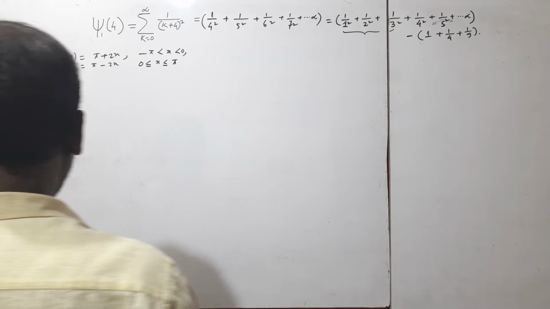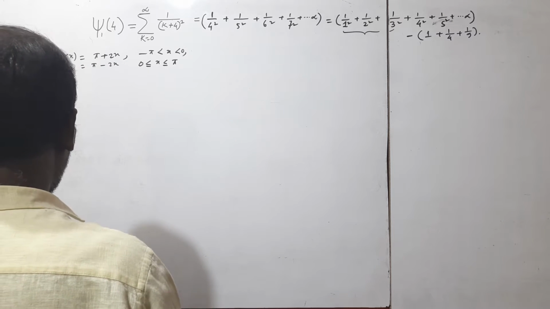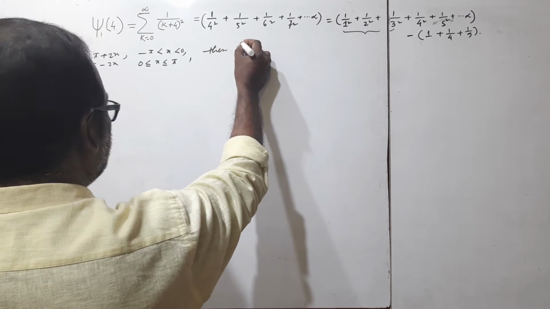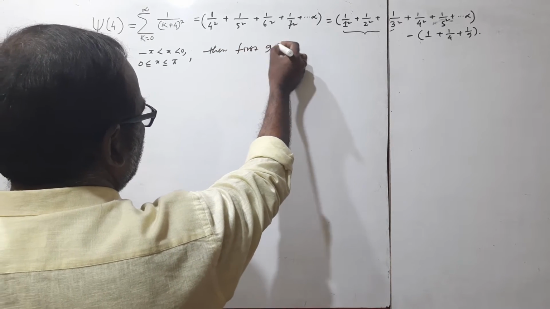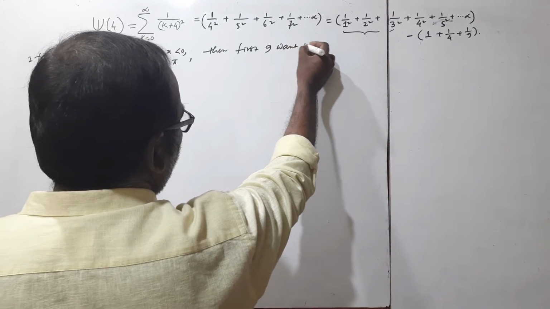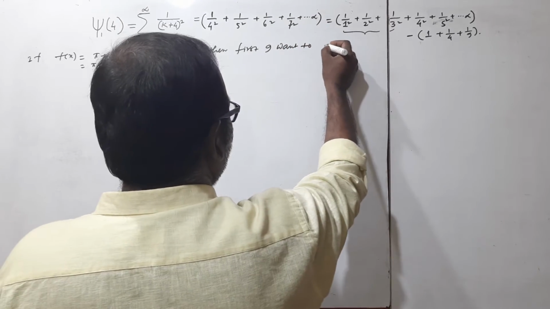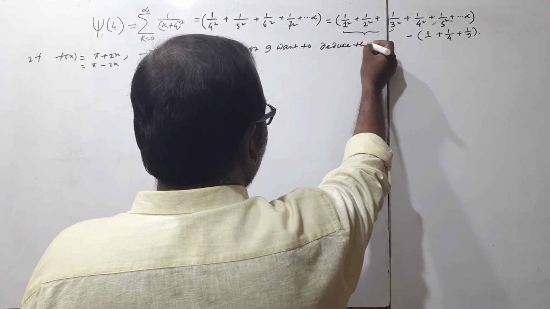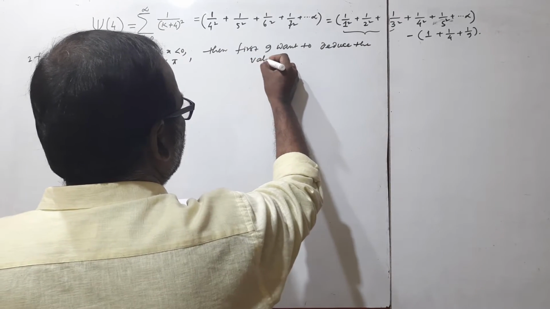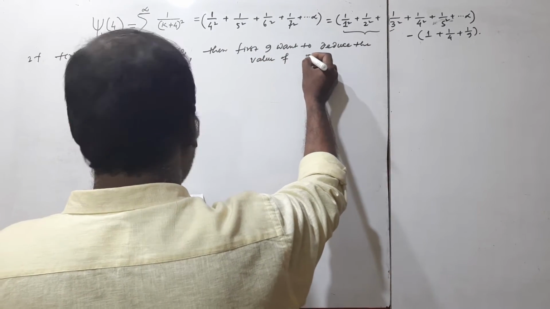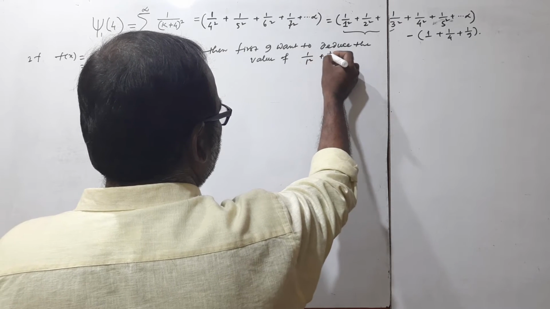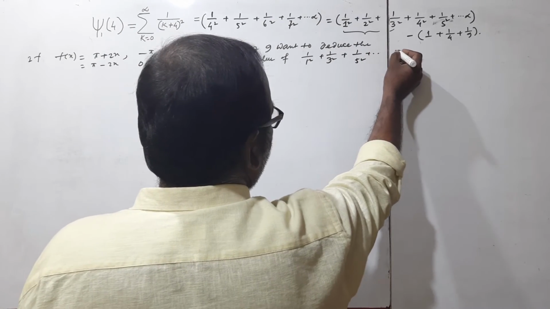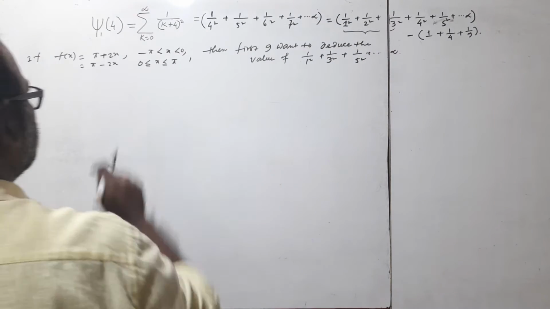So first I want to deduce the value of 1 by 1 square, 1 by 3 square, 1 by 5 square, and so on to infinity from this function.